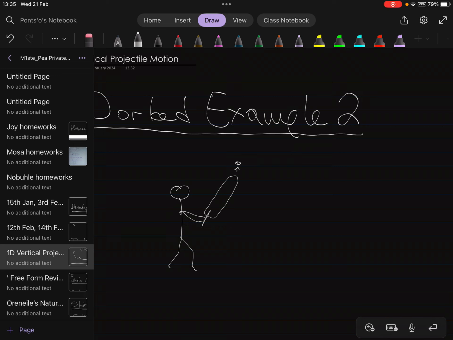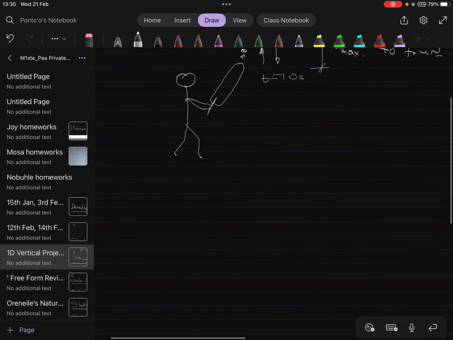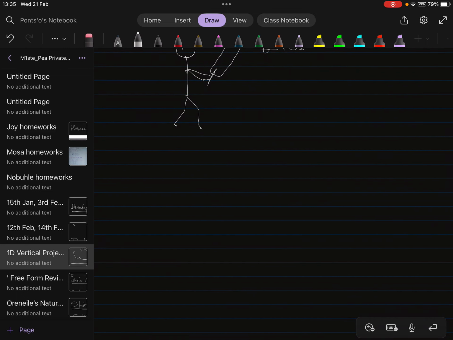We're told that if it takes 10 seconds to return to the initial height, so the whole trip up and down is 10 seconds, we must determine the maximum height that the ball reaches. That's what we must find.